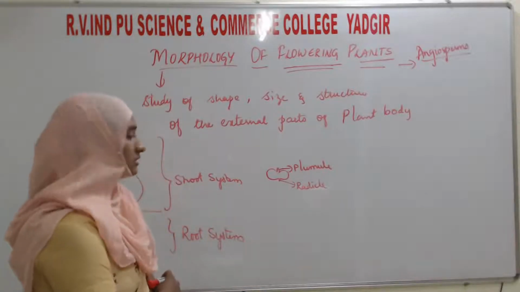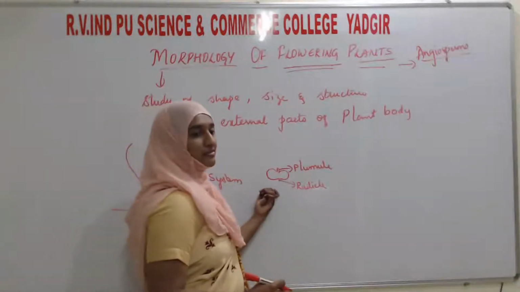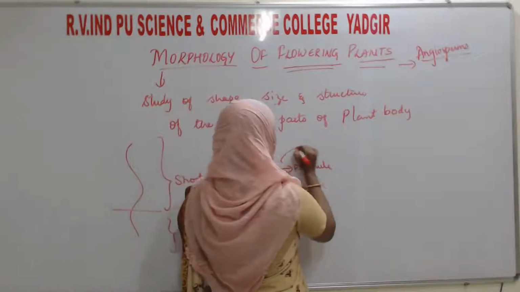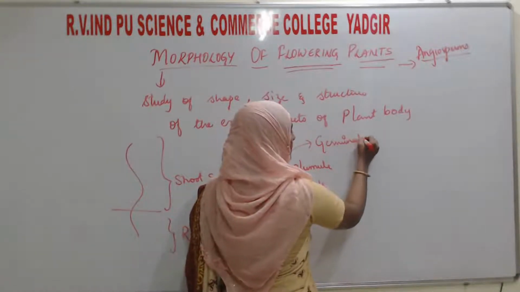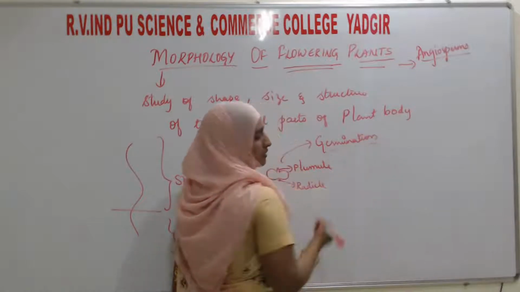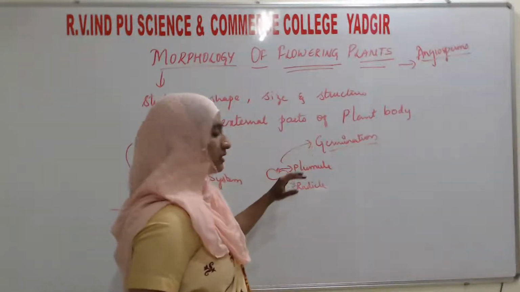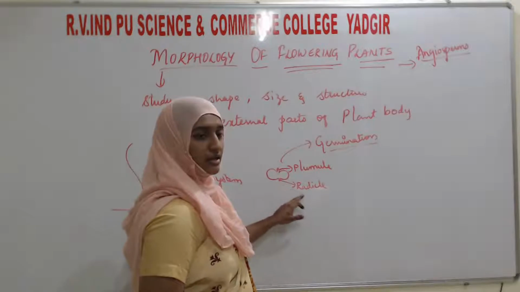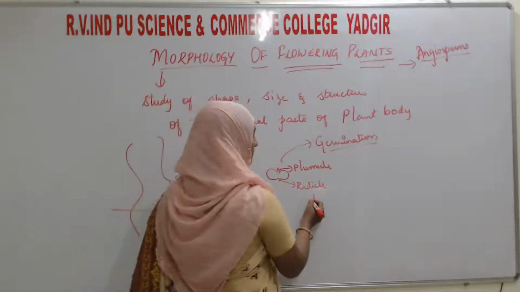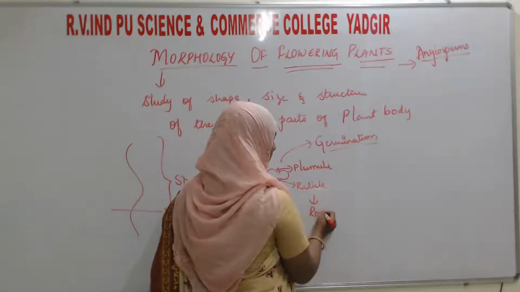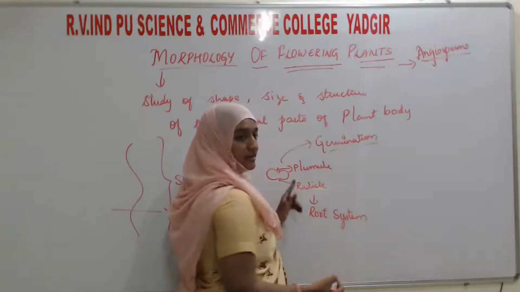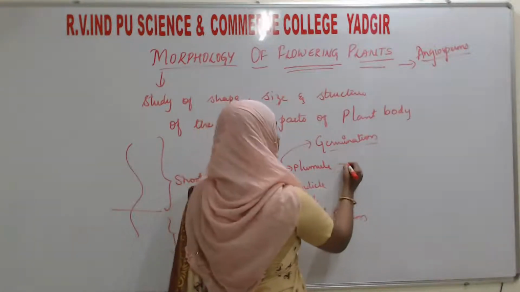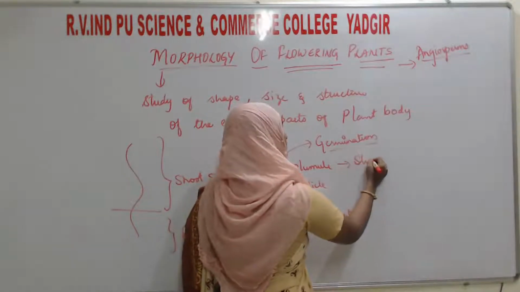After germination, the radical will give rise to the root system, and the plumule will give rise to the shoot system.